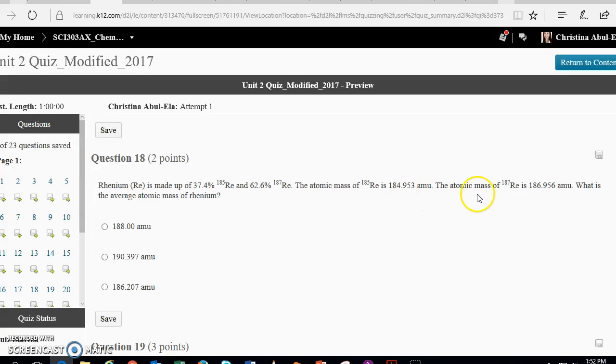The atomic mass of rhenium-187 is 186.956 atomic mass units. What is the average atomic mass of rhenium? Is it 188.00 atomic mass units? Is it 190.397 atomic mass units? Or is it 186.207 atomic mass units?